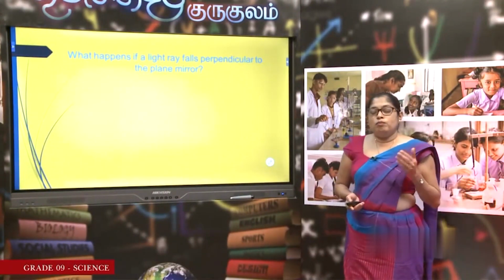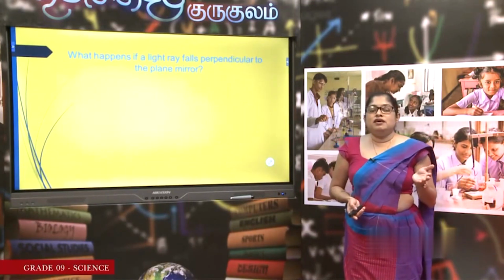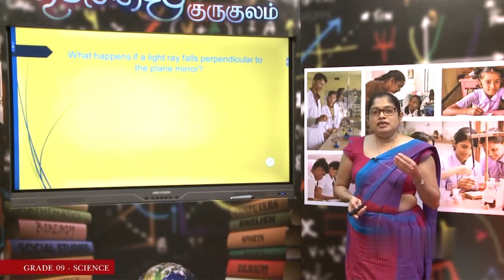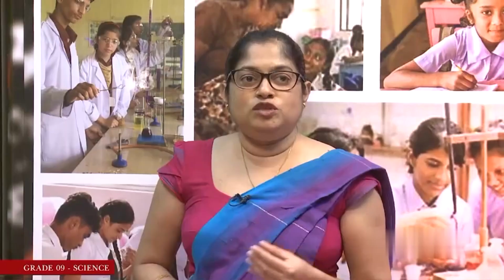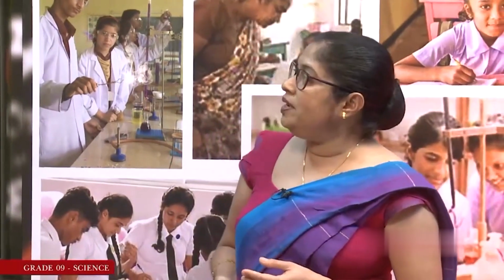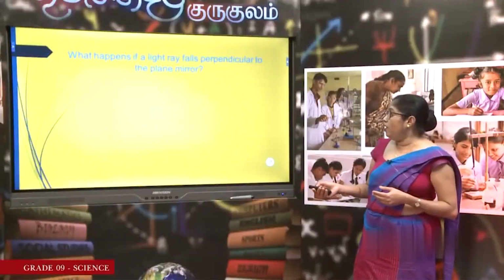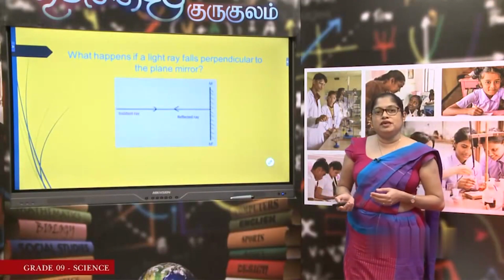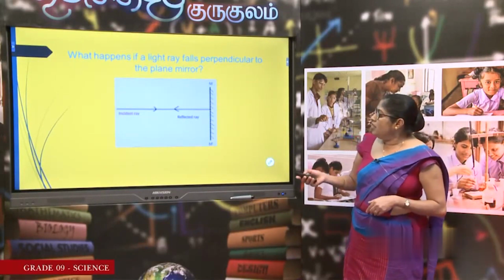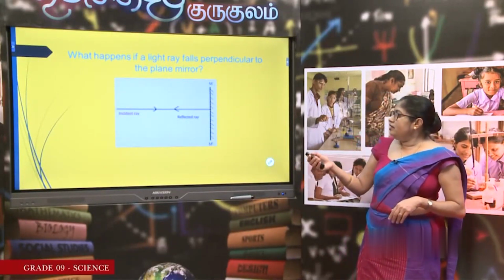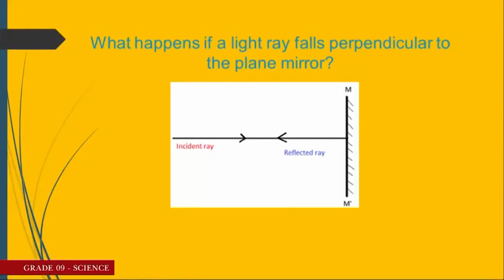Now, in both the above instances, the light ray is incident at an angle, so we use inclined rays. But what happens if a light ray falls perpendicular to the mirror surface? Here you can see the light ray is falling on the mirror perpendicular to it.